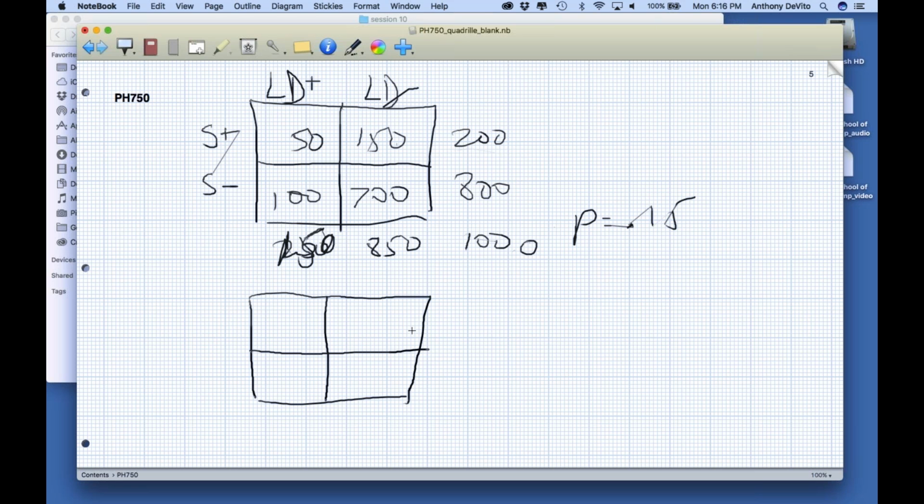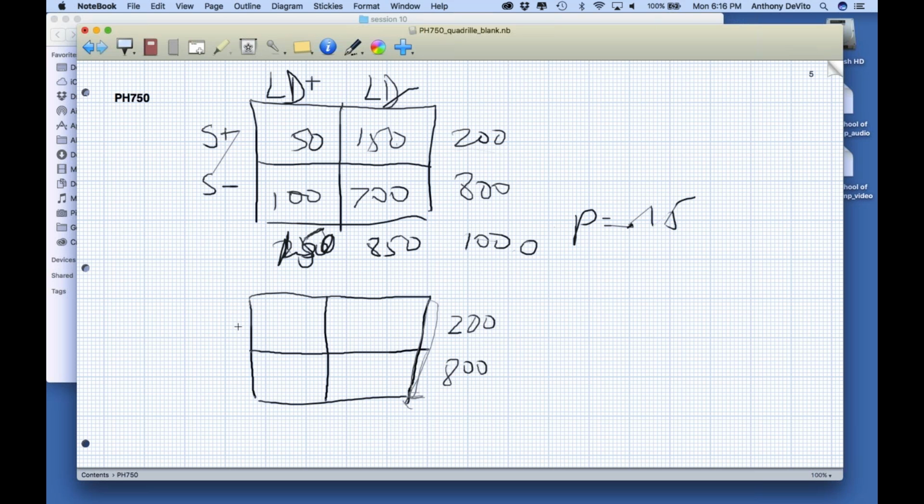Thank you. Okay, so now I'm going to make another little box over here. Nothing's going to change. 200 people in this population were smokers. 800 people were not smokers, right?